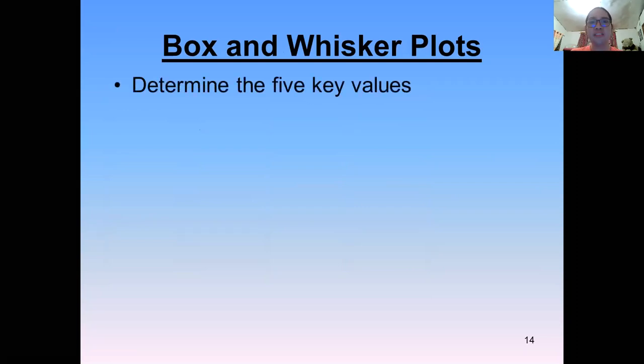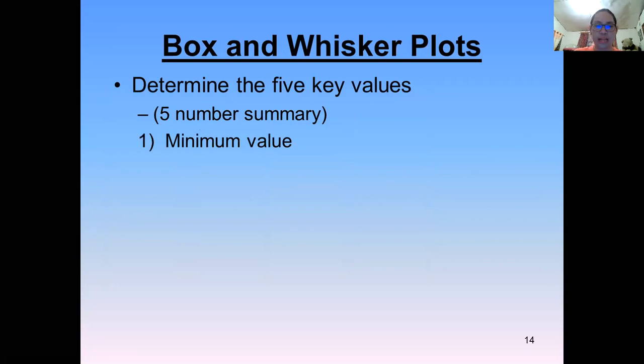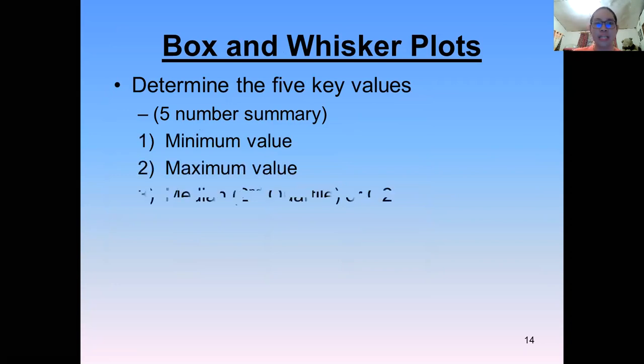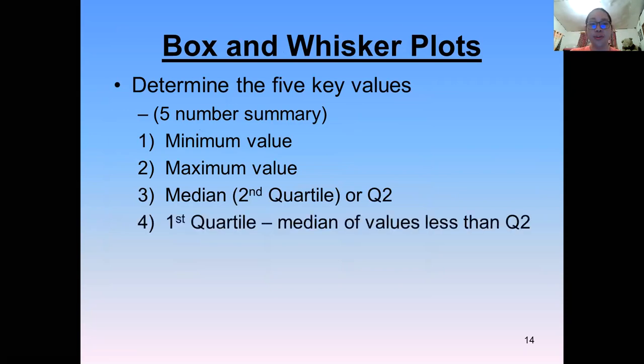Determine the box and whisker plots. It's used in statistics. It will help us determine the 5 key values. What are these 5 key values? First, the 5 number summary: the minimum value, the maximum value, the median or the second quartile, which we can name Q2, and the first quartile, which is the median of values less than Q2, or below the median.